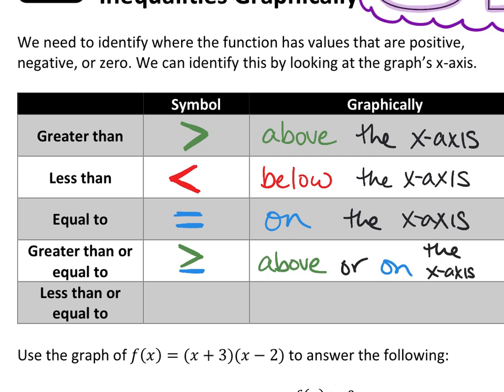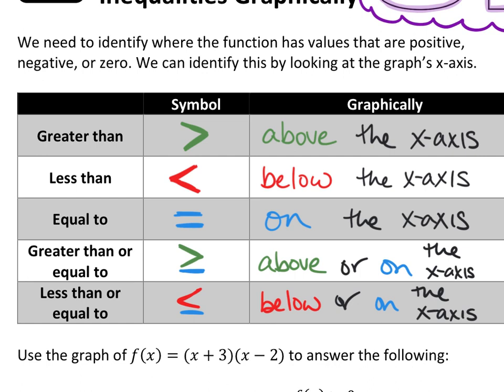So we have two options there, above or on the x-axis. And less than or equal to is just kind of the opposite because it's both the less than symbol and the equal to symbol combined. That means we're looking on a graph where the graph itself is below or on the x-axis. So it's all about the x-axis today, and it really makes a lot of sense.